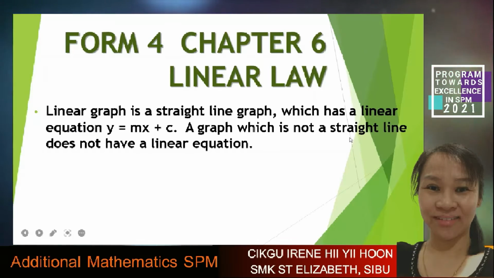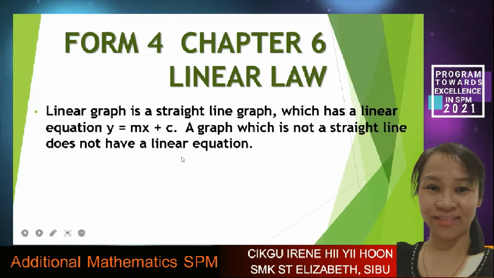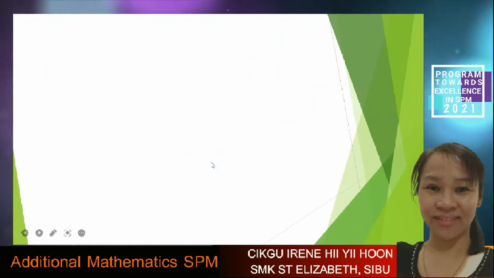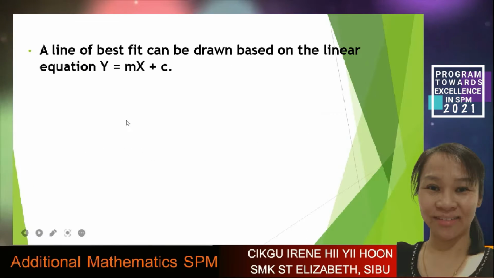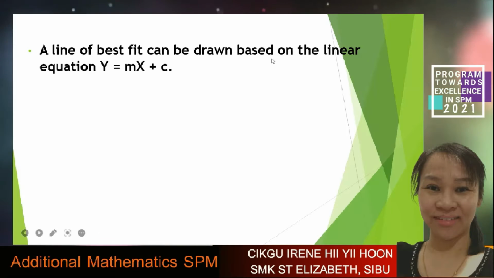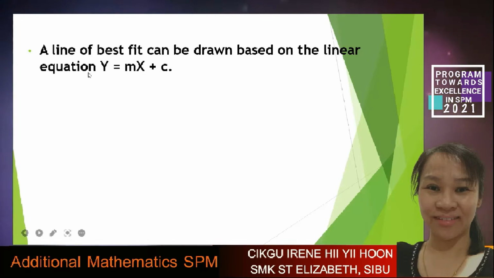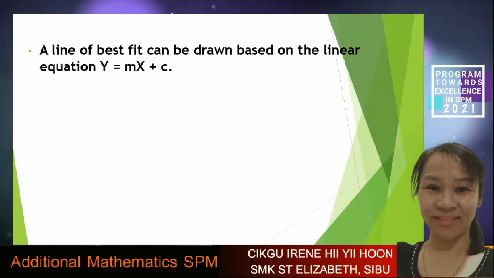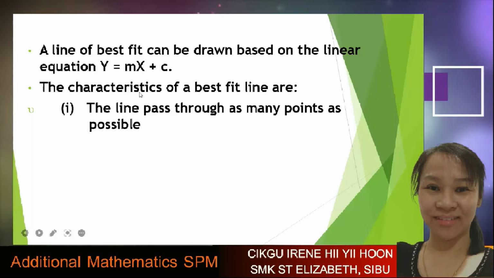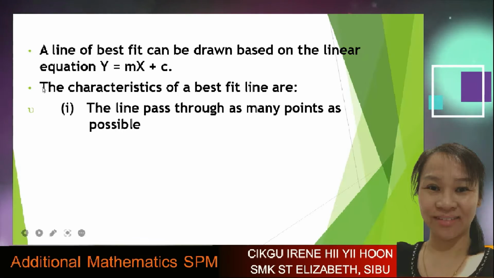A graph which is not a straight line does not have a linear equation. So a line of best fit can be drawn based on the linear equation y equals mx plus c. So let's look at the characteristics of a best fit line.